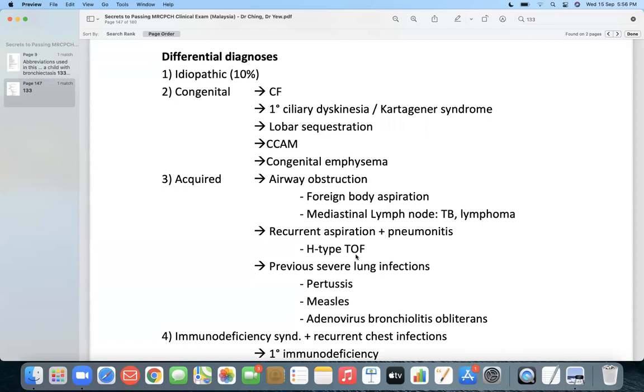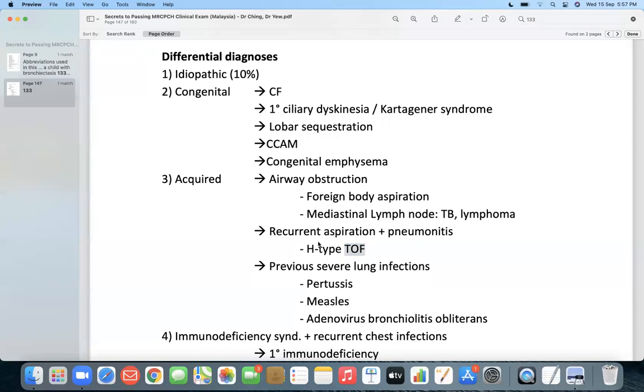Again, in this child you can put it, but I don't think they will keep it for such a long time. They have to do the repair as soon as possible for H-type tracheoesophageal fistula, because of the recurrent aspiration and pneumonitis. So depending upon the age of the child, you can prioritize your differential diagnosis.